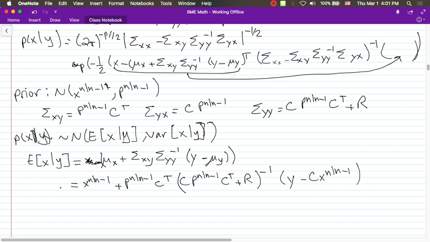Look at this. This is saying the expected value of x given y is your prior plus something multiplying what you observed minus what you predicted. What is this? That's the Kalman gain.